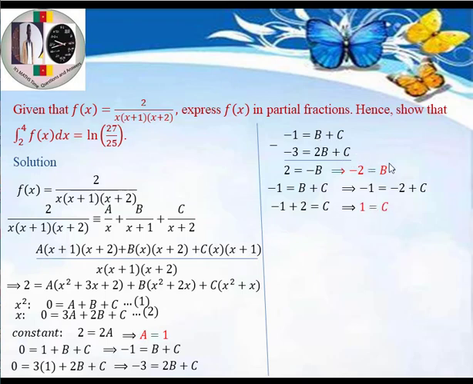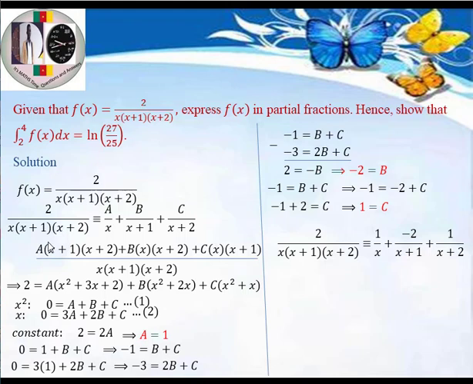We now substitute these values of a, b, and c into these three fractions that we have there, and then we'll call these fractions the partial fraction of f of x. So we are going to have f of x equals 1 on x plus -2 on x plus 1 plus 1 on x plus 2.